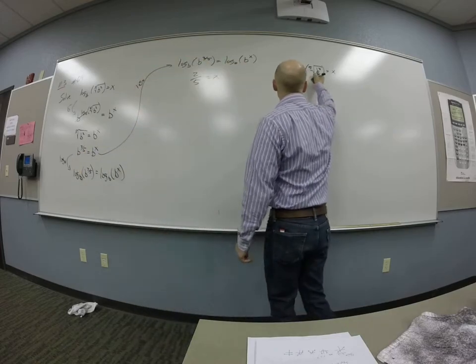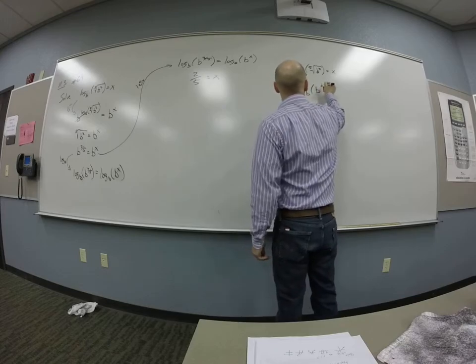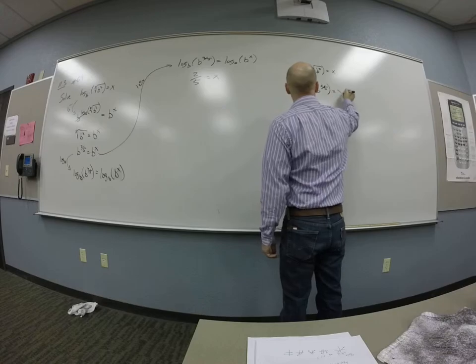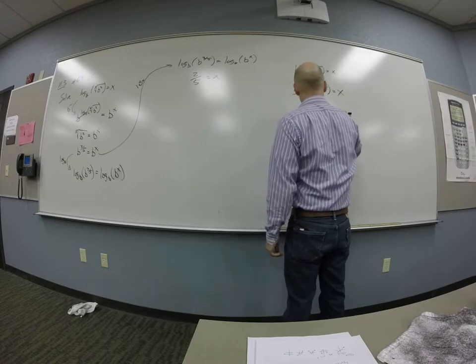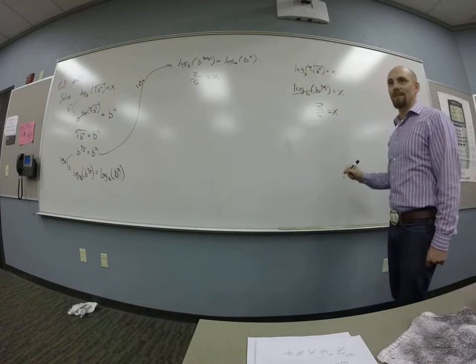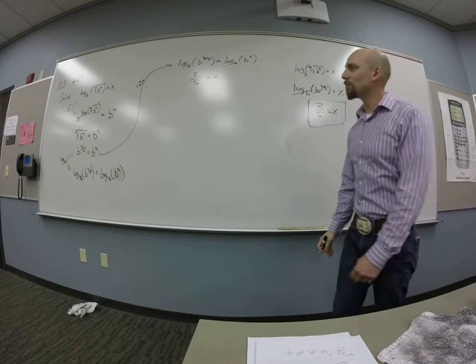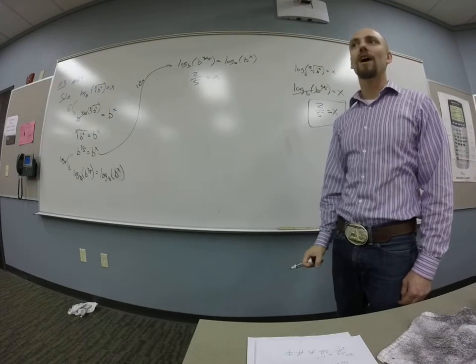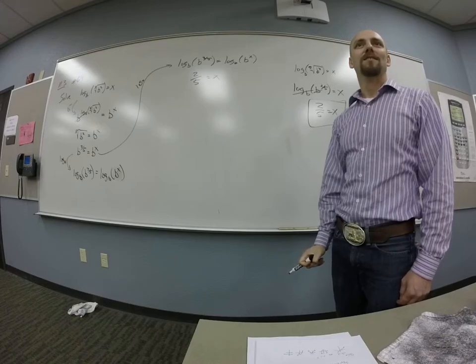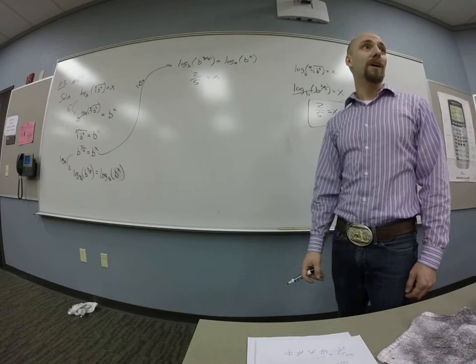If I noticed that here, I'd have log base b of b to the 2/5 is x. These will cancel, and I'll get 2/5 is x. So what was up with the other way? I paid a price for not noticing this thing about fractions. You guys see that? We're much more likely to make an error there.